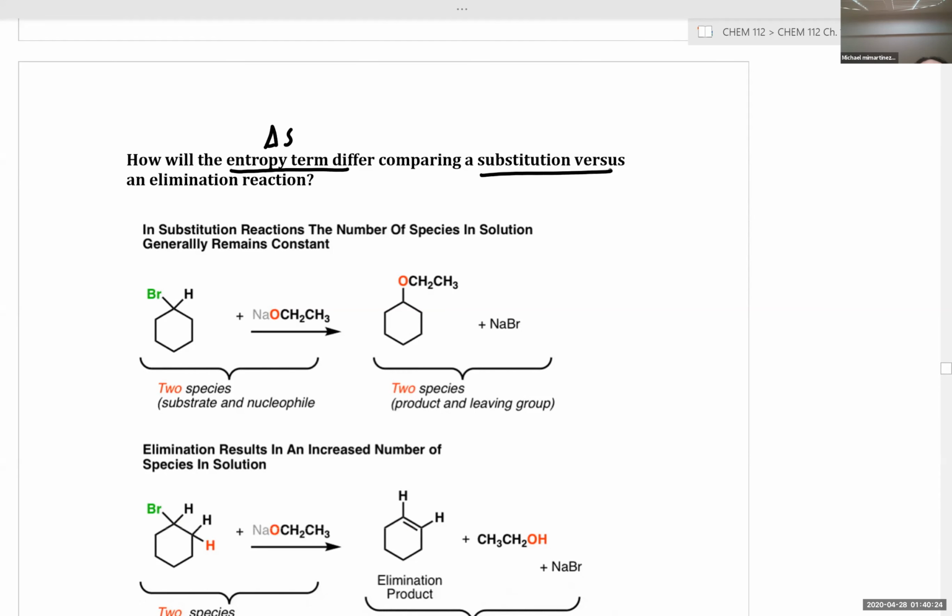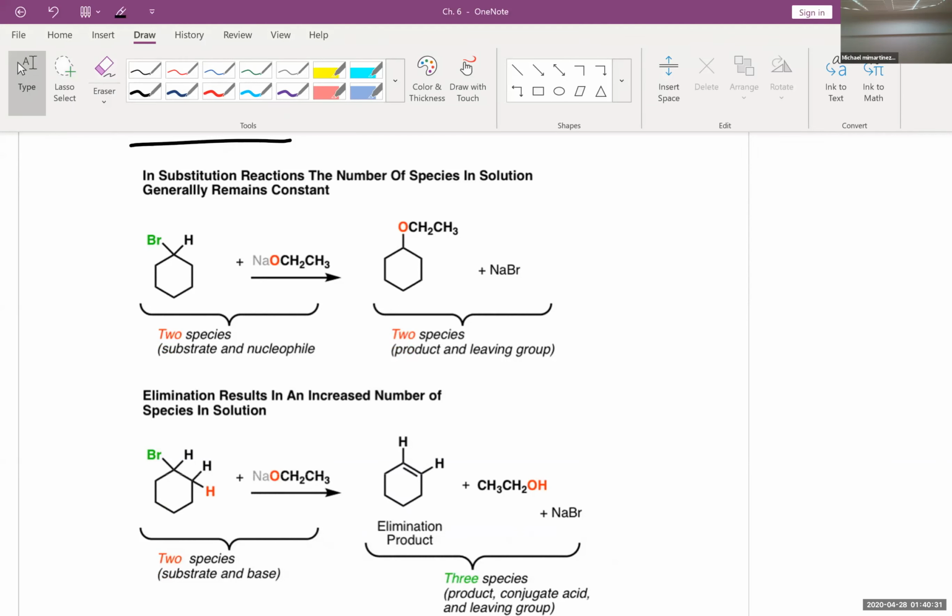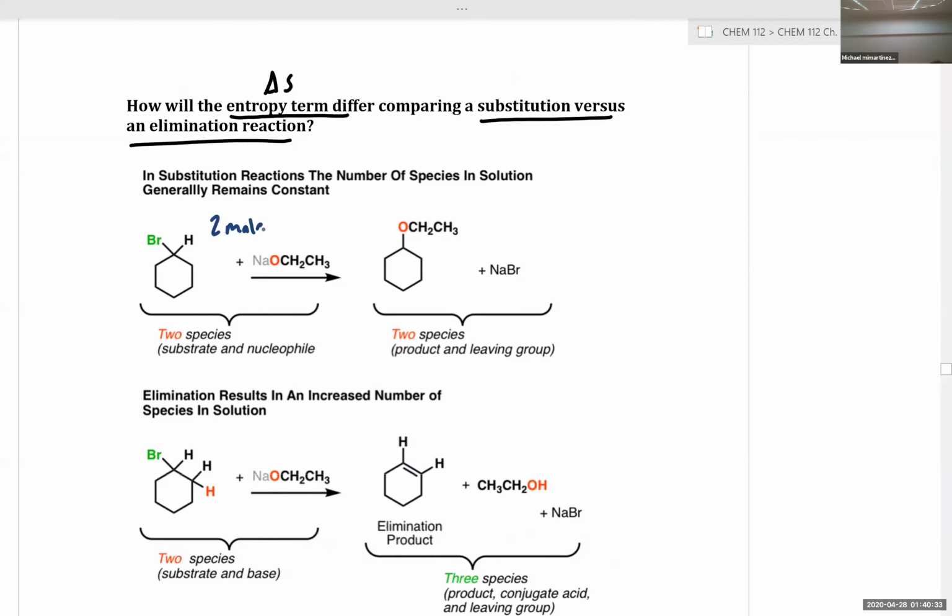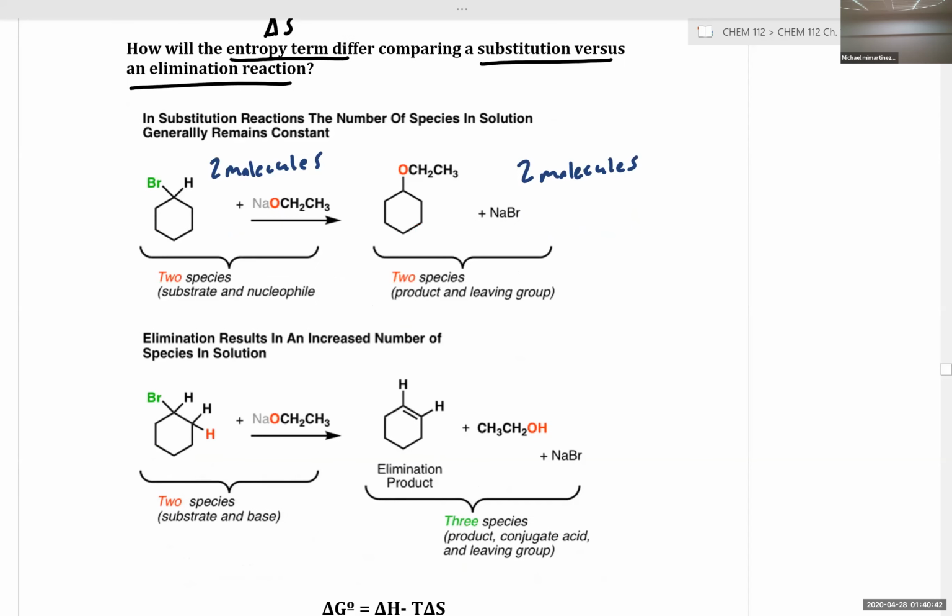Okay, so in a substitution reaction, we have two molecules reacting to generate two molecules. Okay, for an elimination reaction, we have two molecules reacting to generate three molecules.